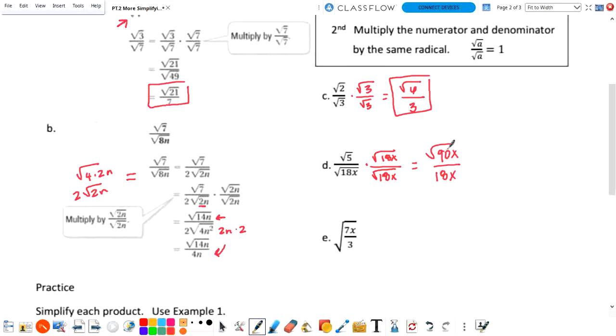Okay, but this 90x can still continue to be simplified, so we can actually pull a 9 out of there, which is a perfect square. So 9 times 10x over 18x, right? The square root of 9 is 3. 3 square root of 10x over 18x.